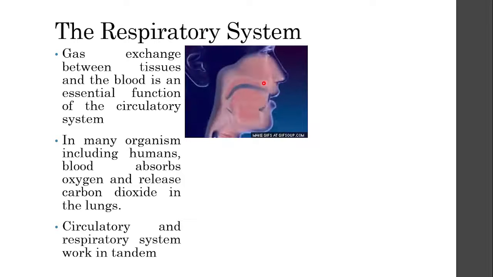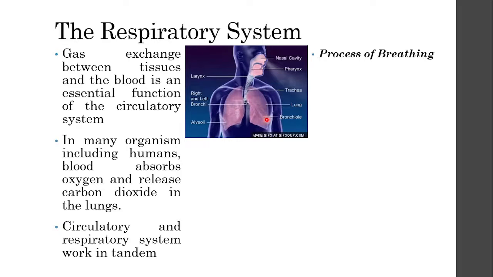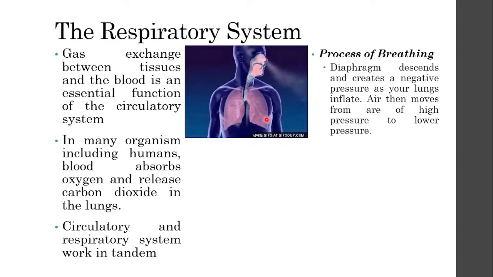But before we go into detail on how this system works, let's talk about the physics of how we actually take in air. An important part of breathing is the diaphragm. Why? Because the diaphragm is what creates the negative pressure, which allows the air and the oxygen to move from the environment into our body.